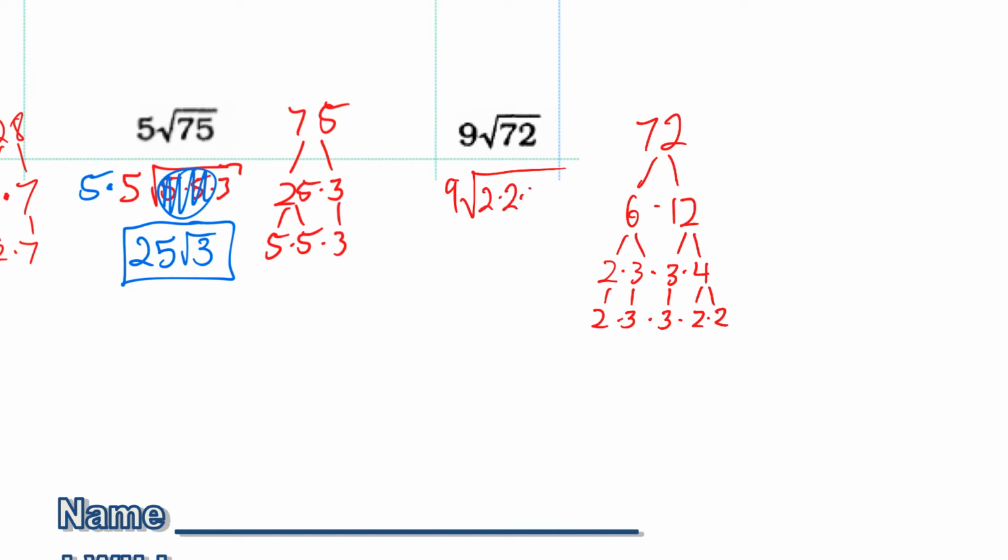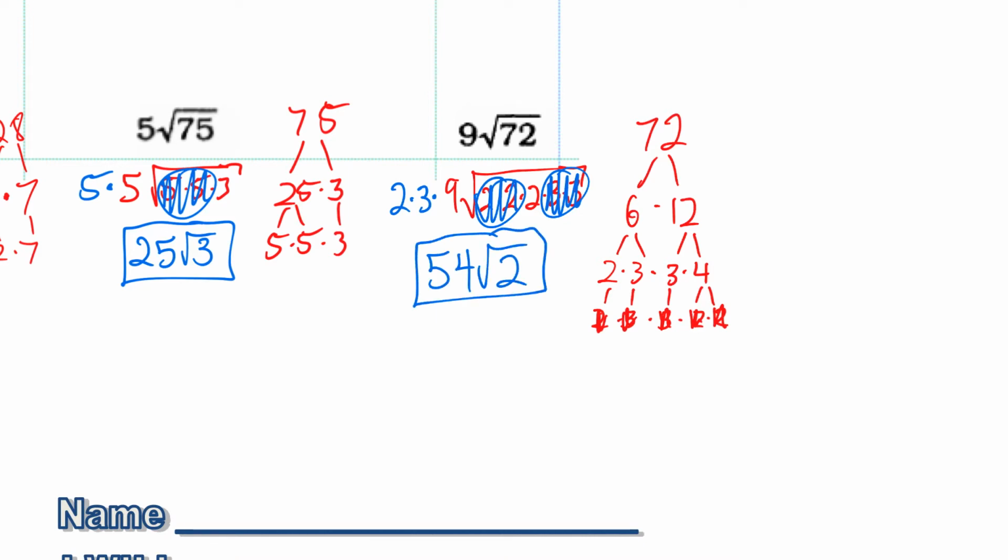That's kind of confusing. 3 2s and 2 3s. 1, 2, 3, and then 1, 2. So we're going to have a 2 out. We're going to have a 3 out. And so you're going to get 54 square roots of 2.